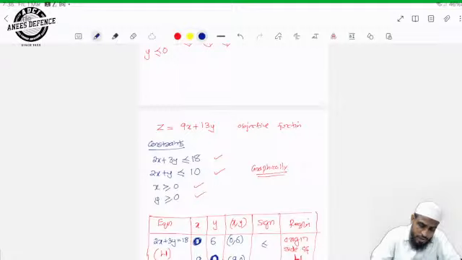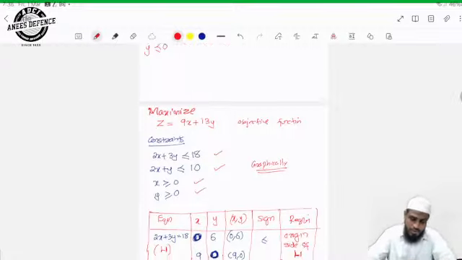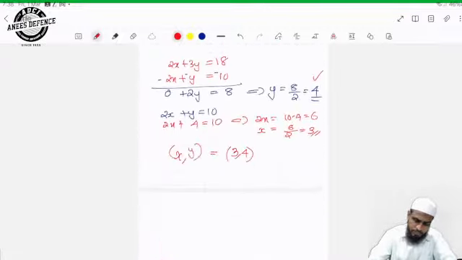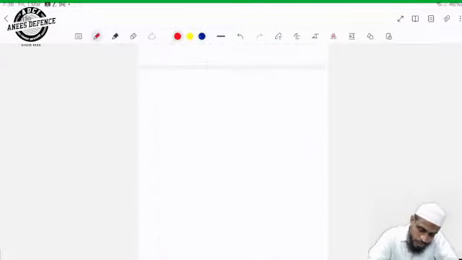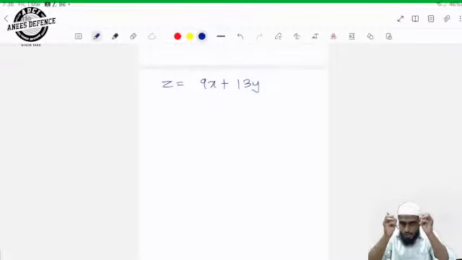Here they have given it as maximize z equal to 9x plus 13y. Now what we have to do? We have to take each corner point and put it in the objective function.